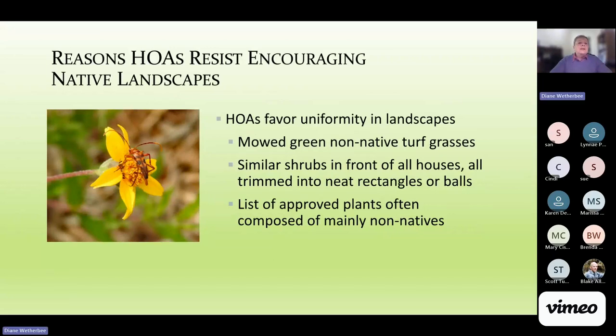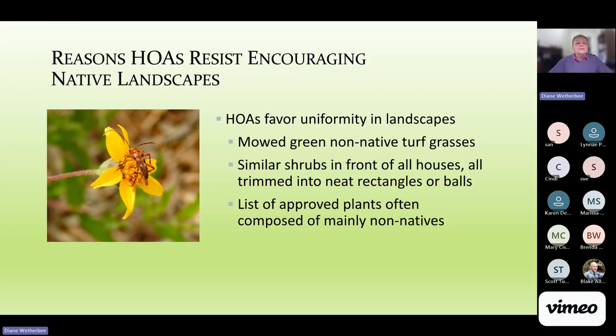But why do HOAs resist encouraging native landscapes? Well, the biggest reason is that first one. HOAs just favor uniformity in landscapes. They want to see those wide expanses of mowed, green, non-native turf grasses that require so much water.